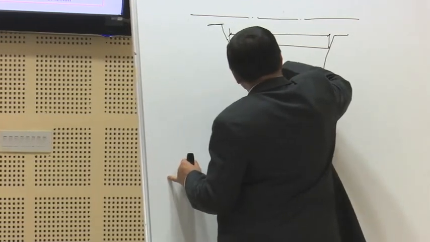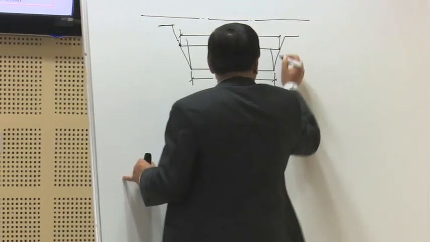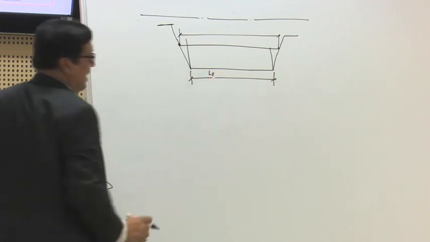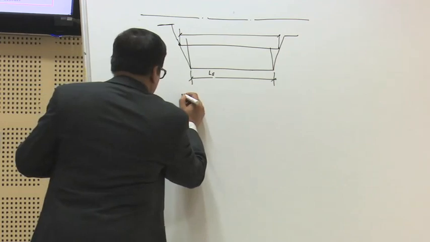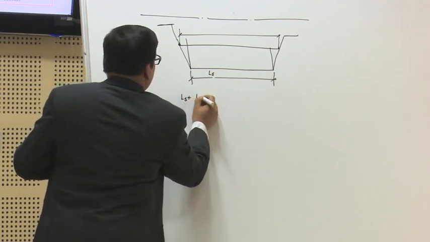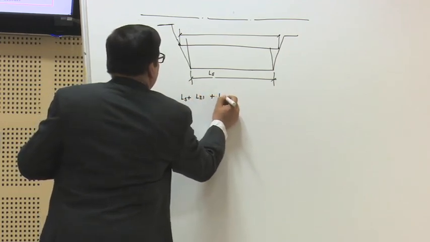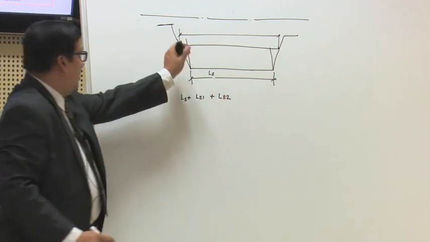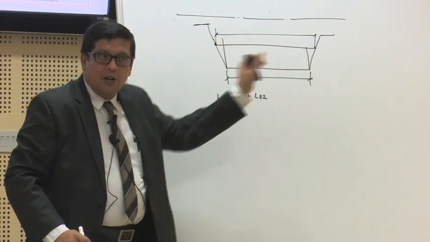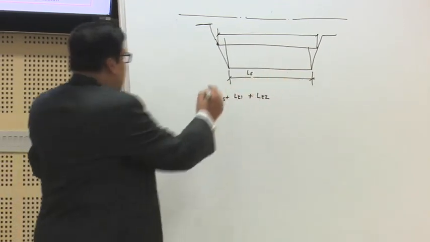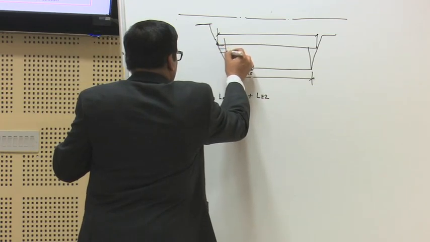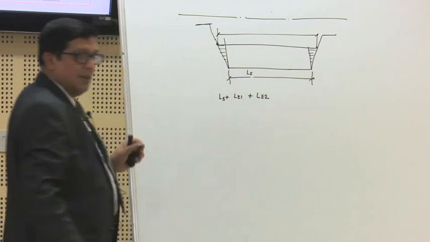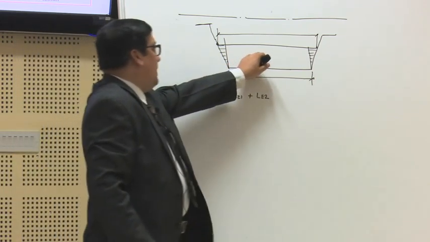You have to see one thing. If this is the L shell, you will take the L shell plus LE1 plus LE2, which is the equivalent length of one cone and the other cone. Now what is that? You have to calculate the volume of this.